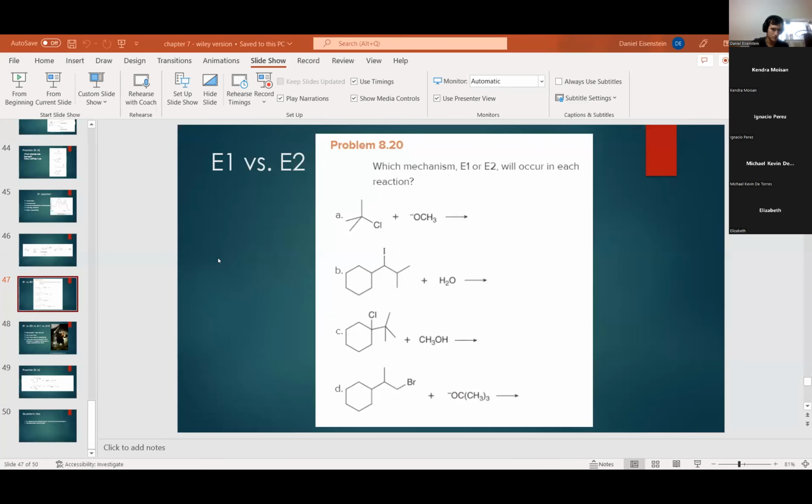A. Yep, this is going to go E2. Methoxide is a strong, negatively charged base that is going to drive for the E2 reaction. If I plug this into the chart, it would look like the substrate is tertiary with a strong base, and that should pop up as E2.